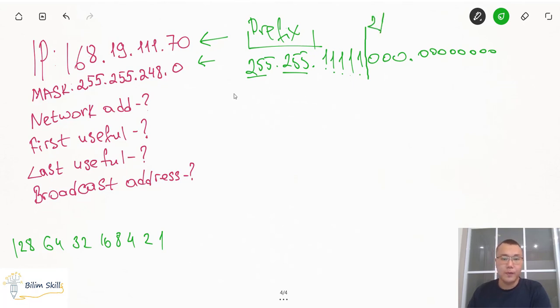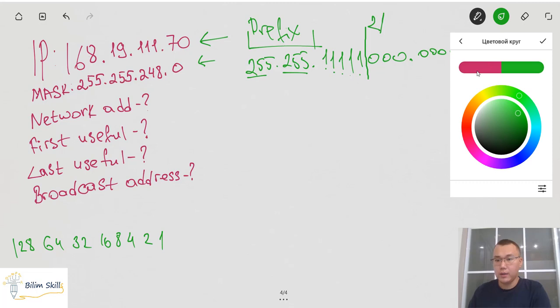Okay, now we have to work with this IP address to find the network address. There is another way, let me show it. To find the network address, what do we have to do?